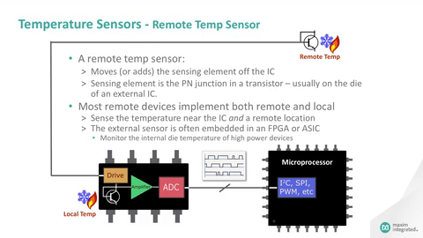A remote temperature sensor can be very useful in detecting those high die temperatures quickly and allow the system to reduce power dissipation prior to catastrophic failure of the IC. The remote sensor can also be used to measure the temperature of a discrete transistor that might be located near a hot spot in the board.